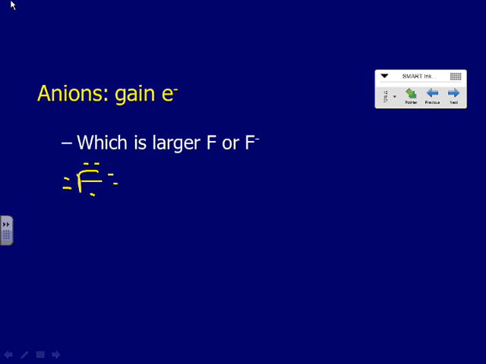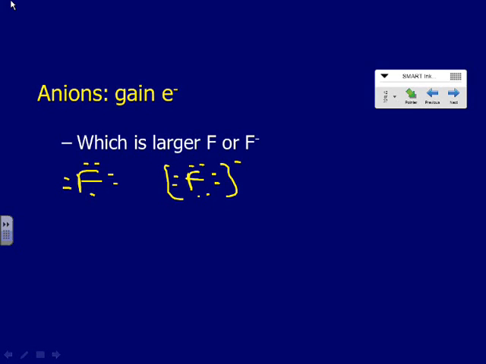How many orbits in a fluorine? 2. Fluoride. How many electrons around it? 8. 1, 2, 3, 4, 5, 6, 7, 8. We'll put a square bracket and a minus charge. How many orbits around that? 2. So the orbit number is the same.